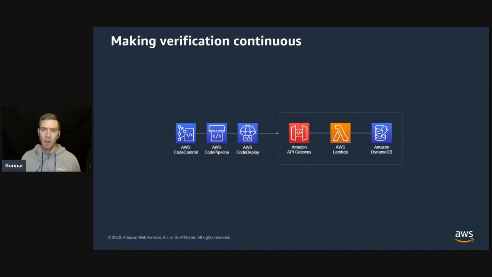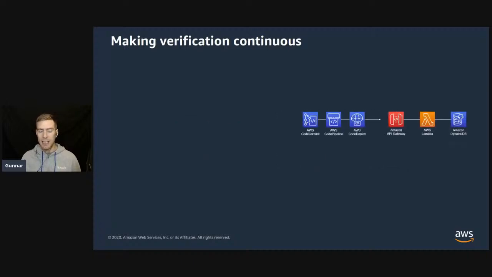And instead of inventing this as a new type of service and adding it somewhere else, we can use this process, the ones that we usually already have in place, and add the verification to that. So let me show you an example. In this case, it's the same basic web service, but with our CI/CD pipeline in place in front of it.